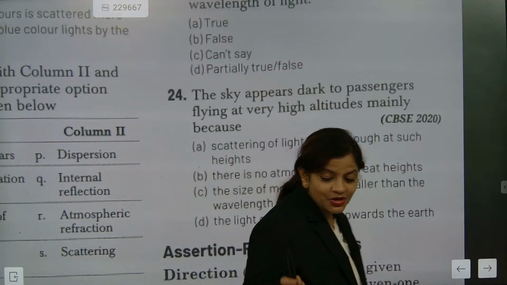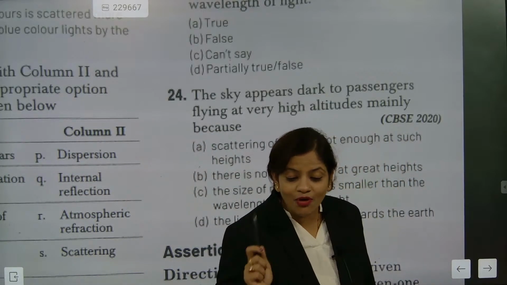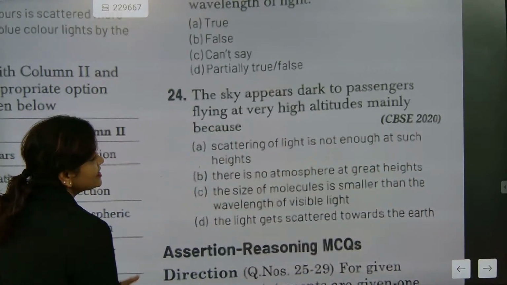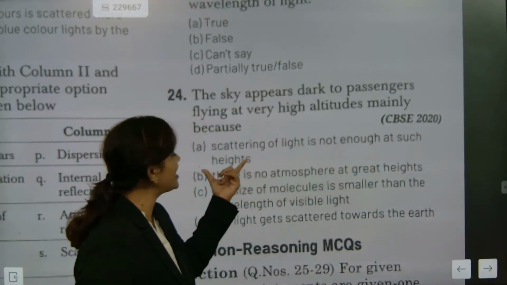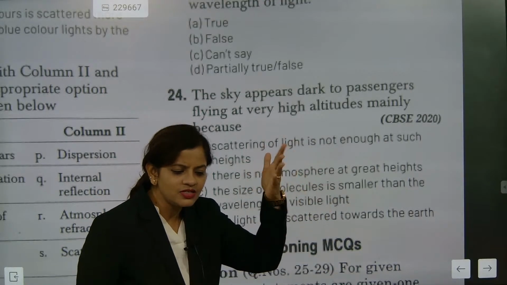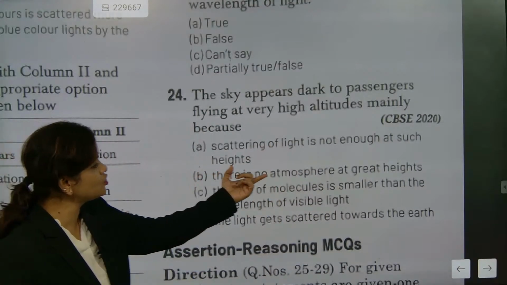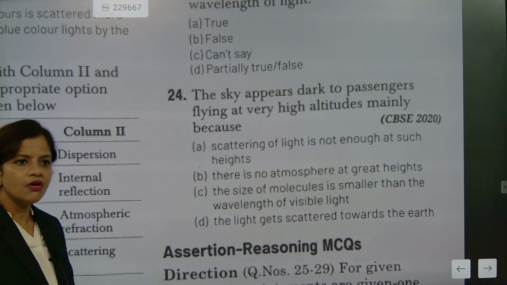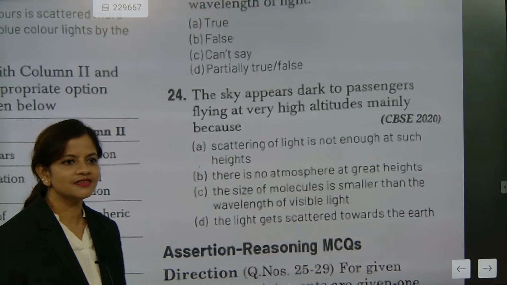That's what you people are going to do in CBSE. I told you that time itself I have discussed. See here, scattering of light is not enough at that height. How is scattering possible? Scattering is not at all possible because there is no atmosphere at great heights. Not the oxygen, ma'am. So only you are carrying oxygen cylinders.